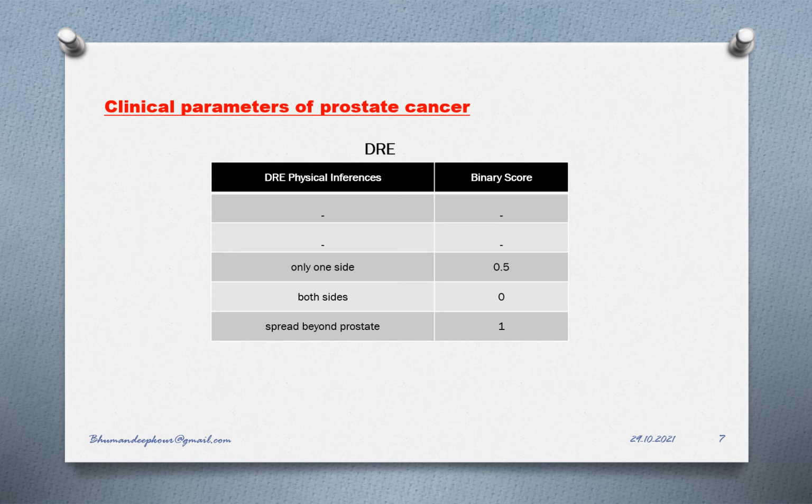Based on that, we have given the binary coding starting from the lowest risk, that is -1, going from -0.5 to 0, then 0.5, and at last the highest risk, which we consider as giving the value 1. So we have given these in correlation with the deviation from lower risk to higher risk.